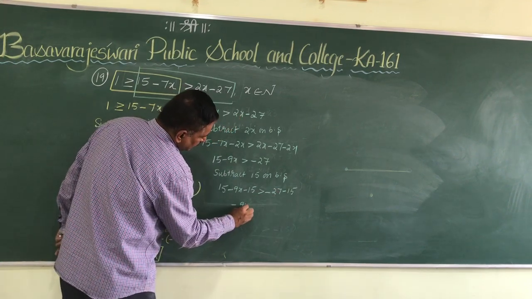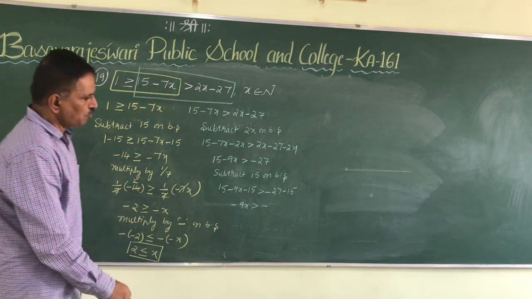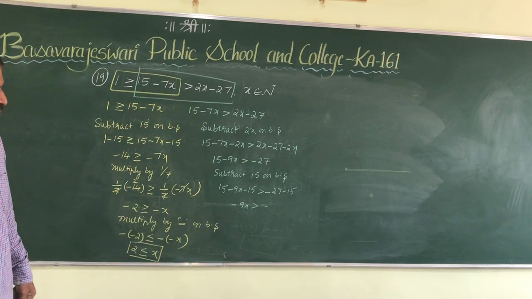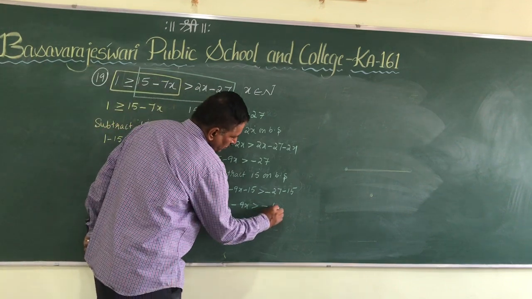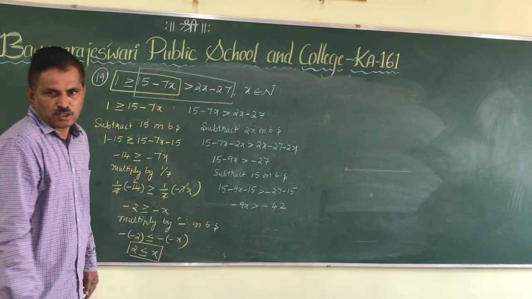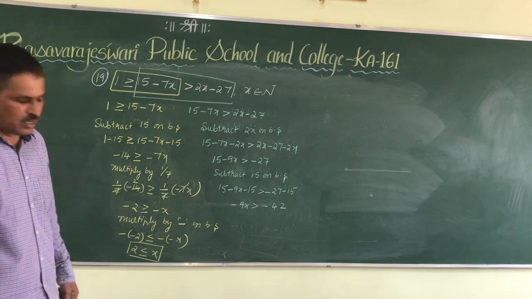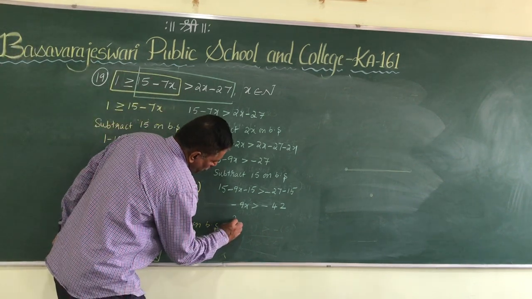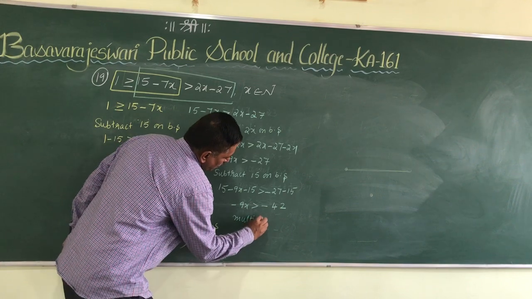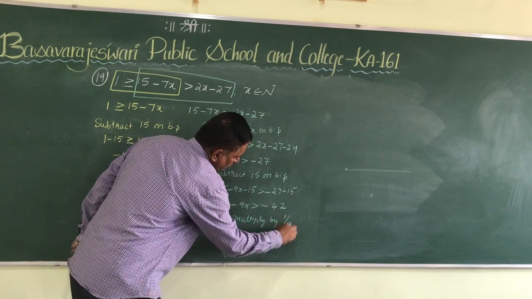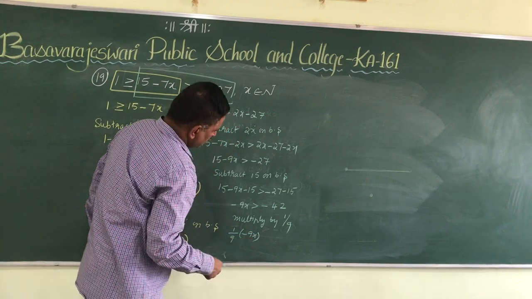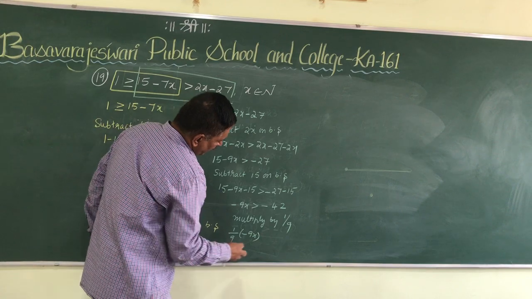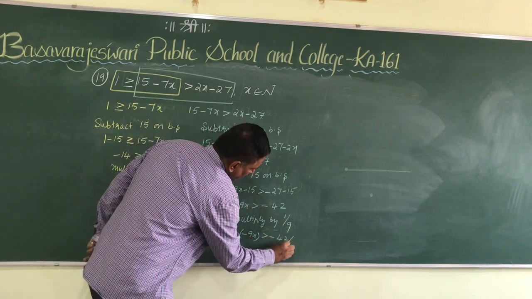So minus 9x is greater than minus 27 minus 15. Both are the same sign, so you should add. If you add, how much do you get? 42. Then I should divide both sides by 9, or multiply by 1 by 9. So 1 by 9 times minus 9x is greater than minus 42 by 9.